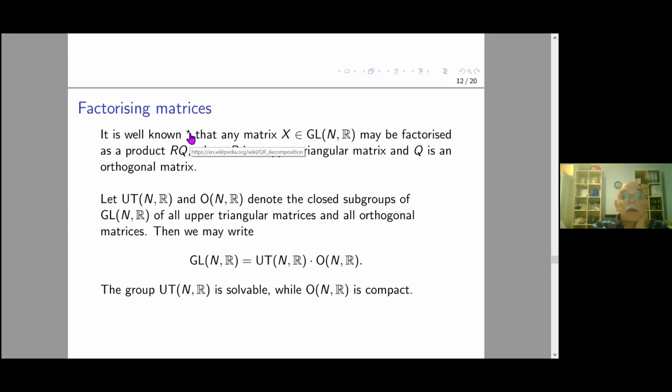This is something that you learn in a course on matrix algebra, and it's considered to be quite important. I went to Wikipedia and looked for the decomposition and how you can do this. You can use the Gram-Schmidt process to do it.